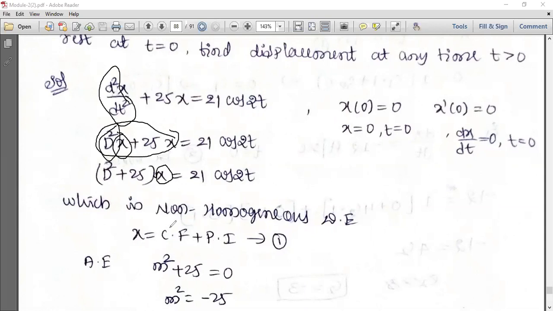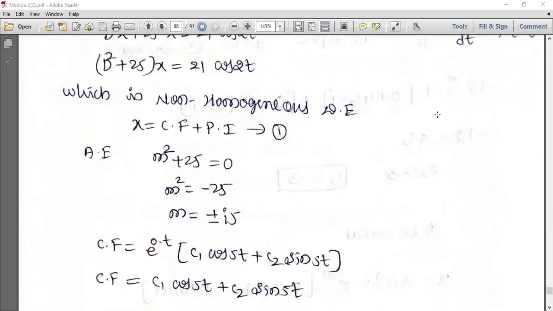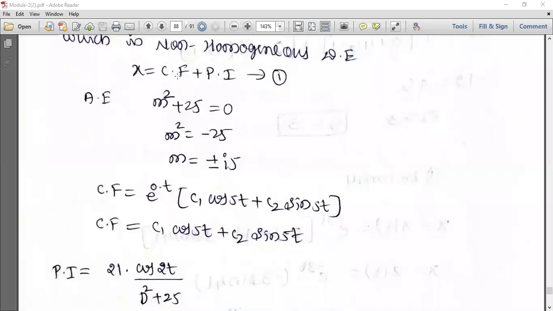As it is a non-homogeneous equation, x is complementary function plus particular integral. So the auxiliary equation is given by m square plus 25 equal to 0. So m square equal to minus 25.